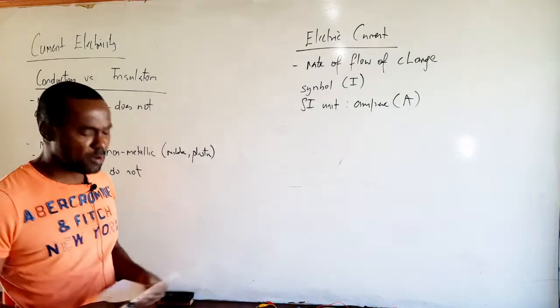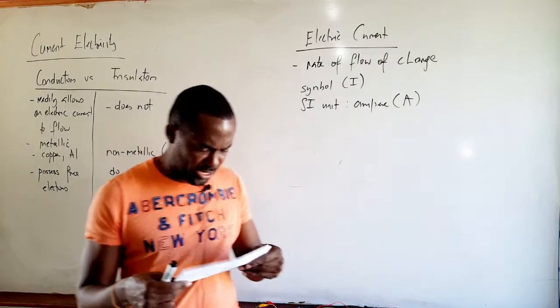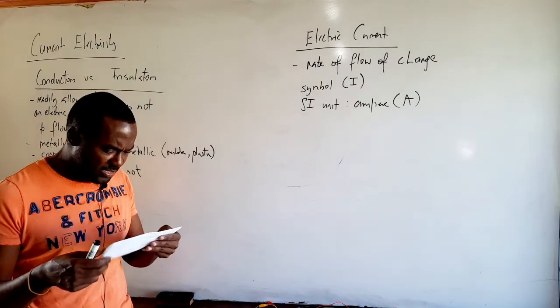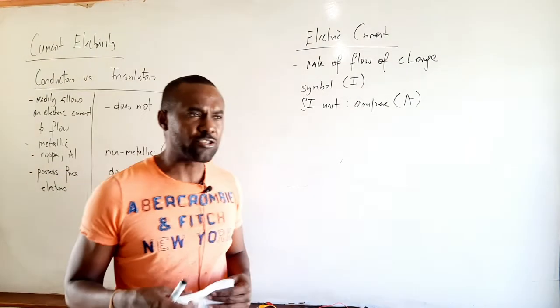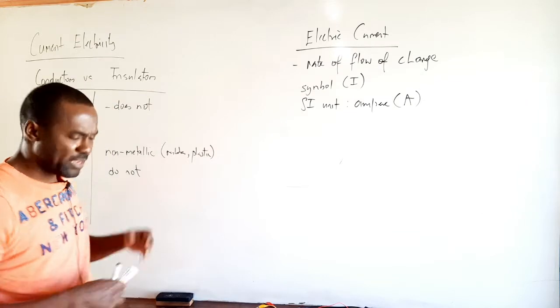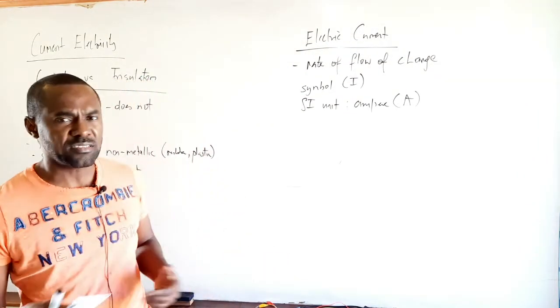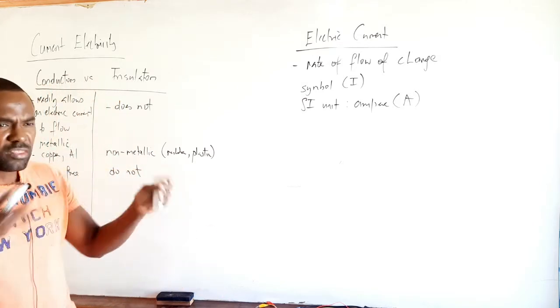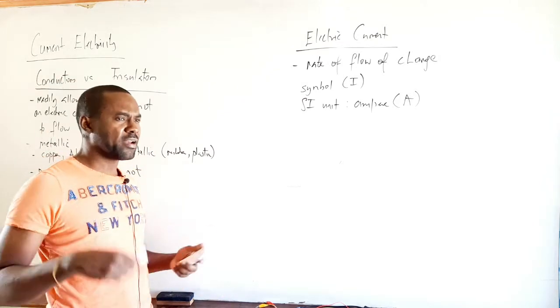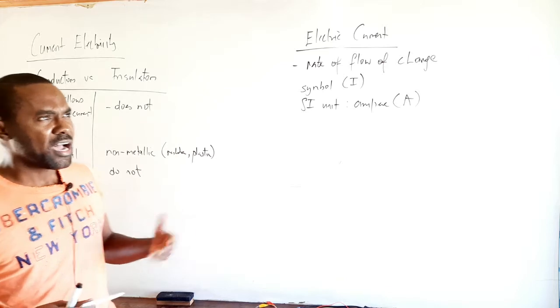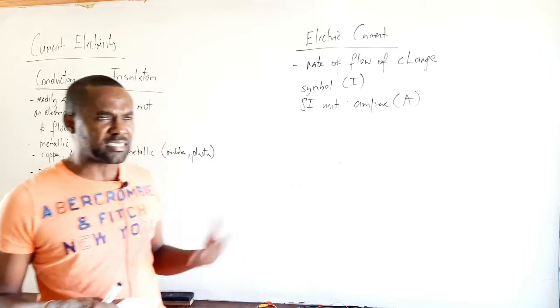Now, according to the syllabus, we need to be able to state that electric current in a metal consists of a flow of electrons. We did briefly look at the atom, and we said that within the atom there are protons and neutrons which are strongly bound within the nucleus. Circulating the nucleus on shells are electrons, which are more loosely attached to the atom.